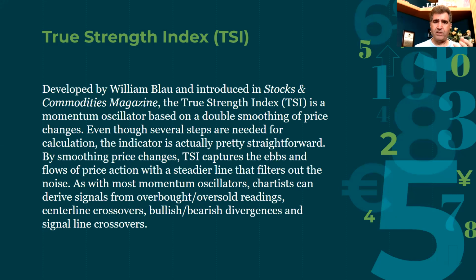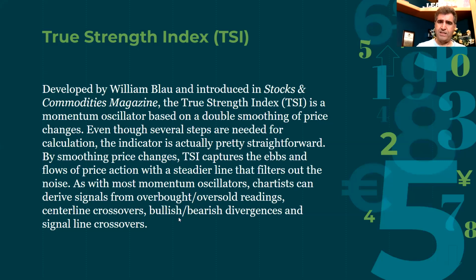Then you have a signal line, which is a 7 or 8 moving average or exponential moving average of that, very similar to what we have seen in MACD and stochastic. For TSI, we can use overbought, oversold, and center line crossing.